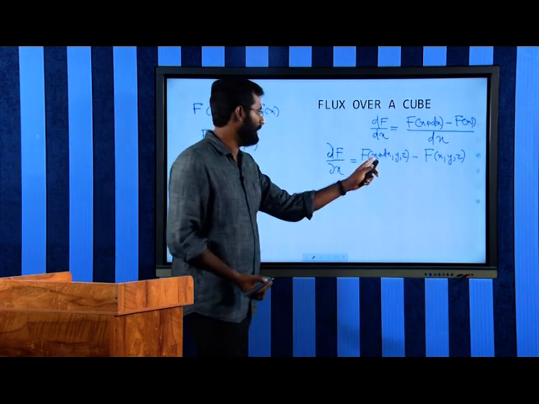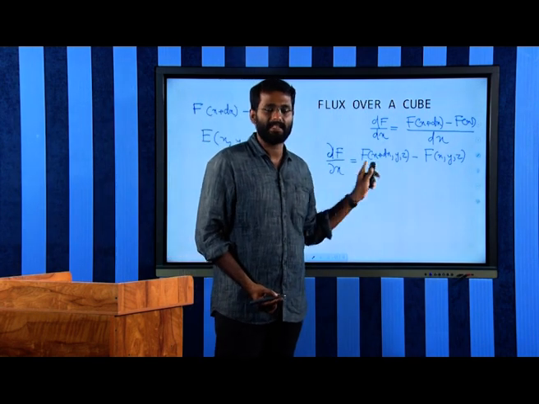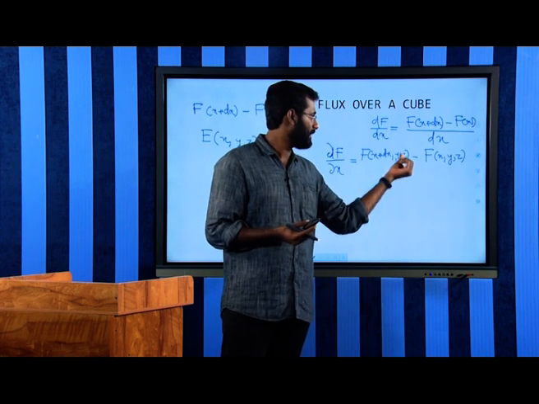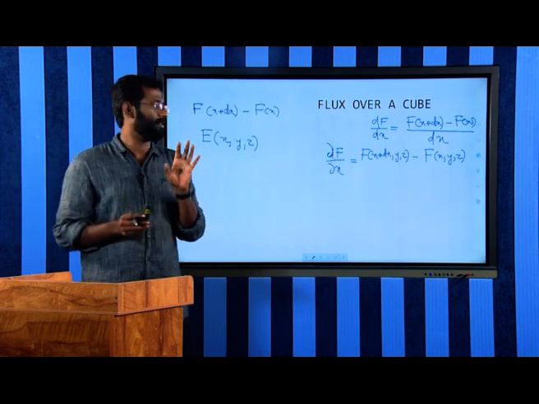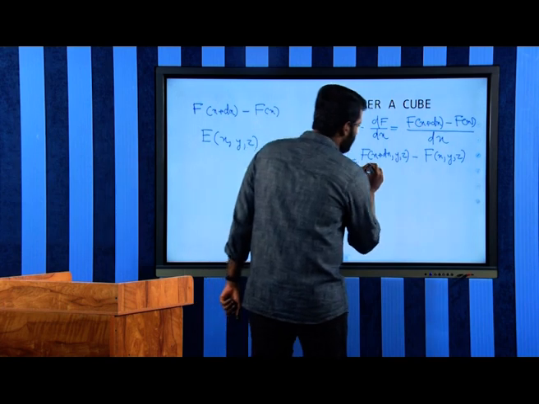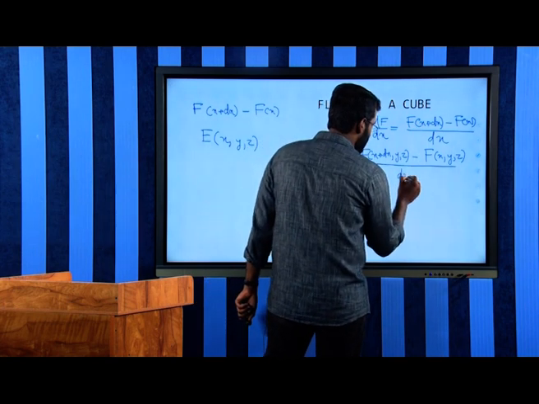Now look, the only variable changing is x, and we are keeping the other two constant. Here it is y, here also y, z, z. There is no change in that, we are changing only one. That is why it is called a partial derivative, and we can divide it by dx.